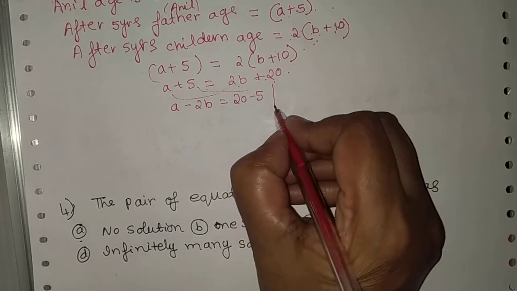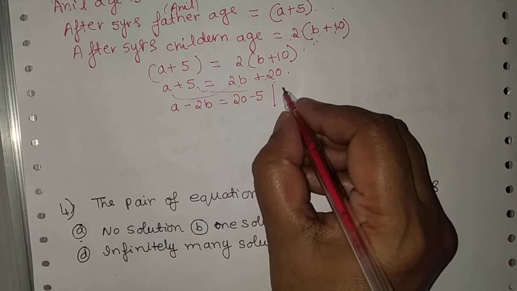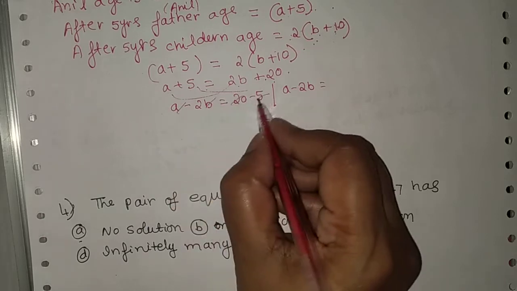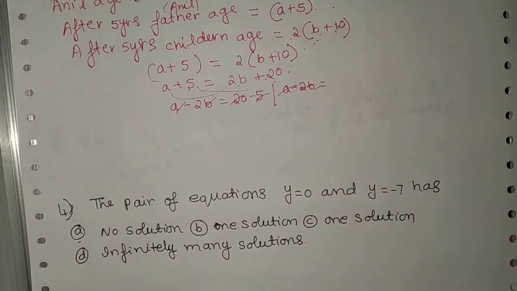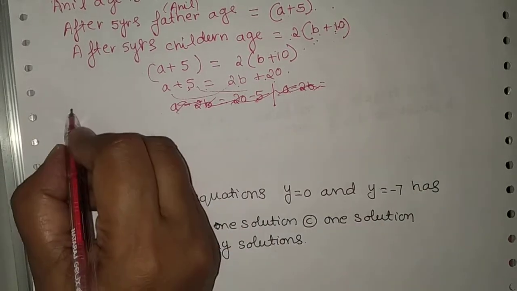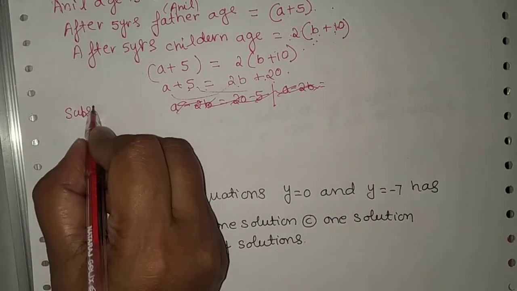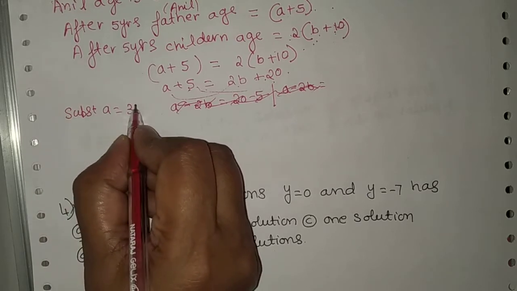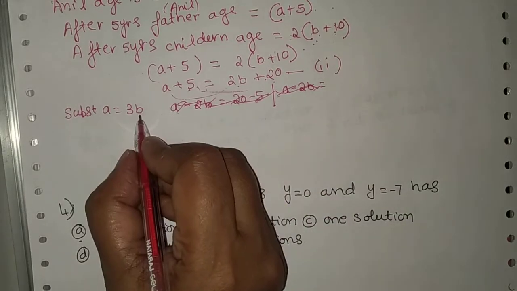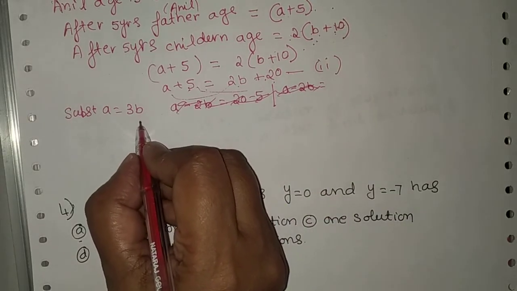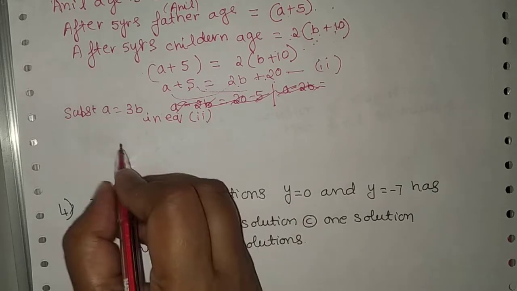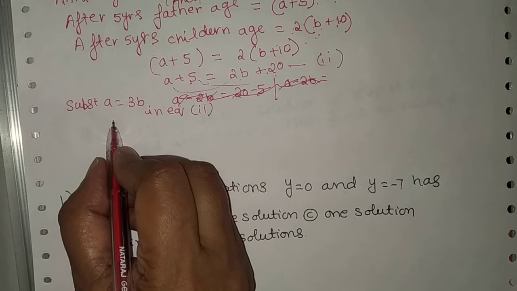Otherwise we'll directly substitute A is equal to 3B here in this equation. Take it as equation 2, A is equal to 3B in equation 2. So next step is 3.